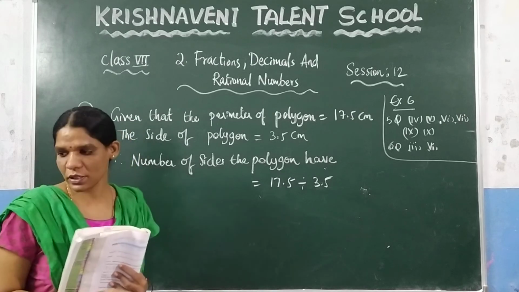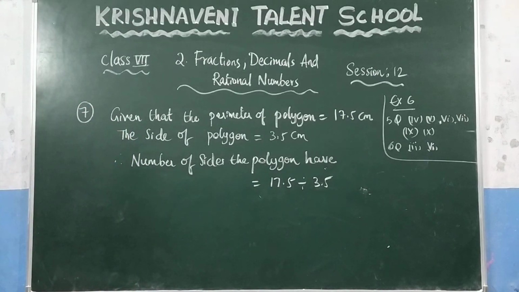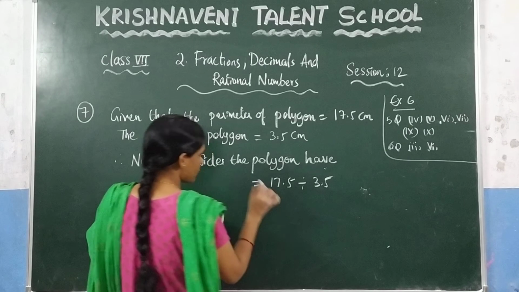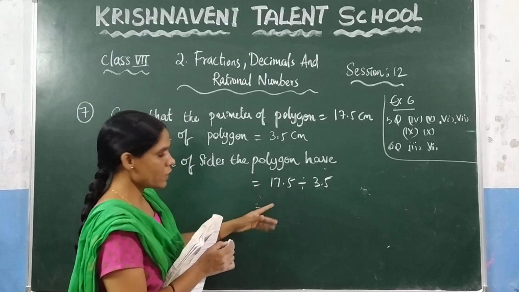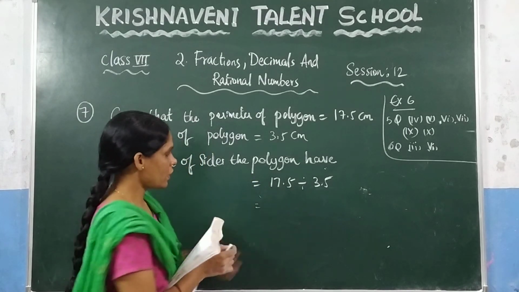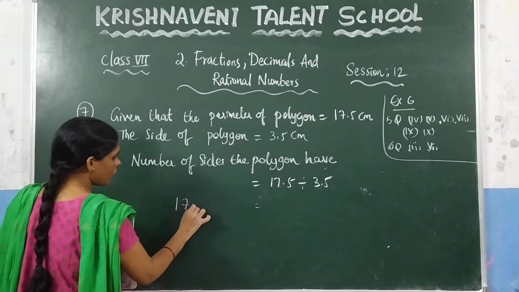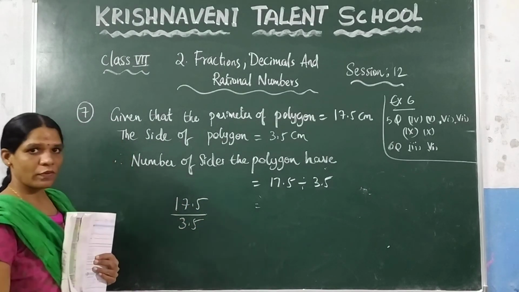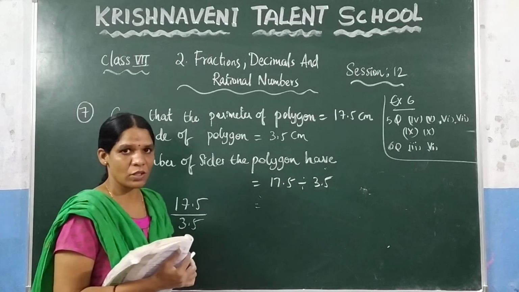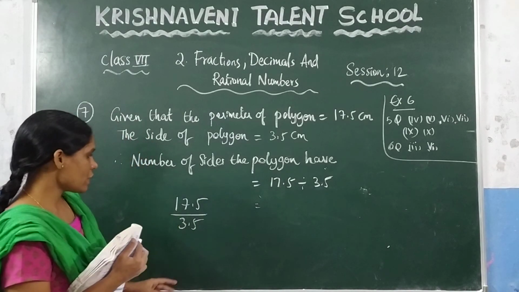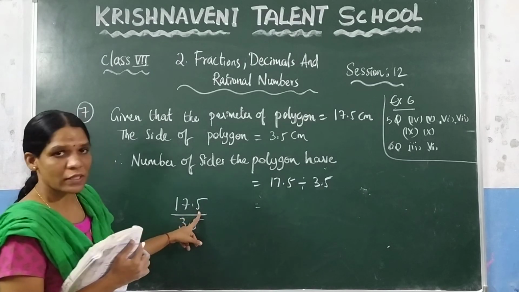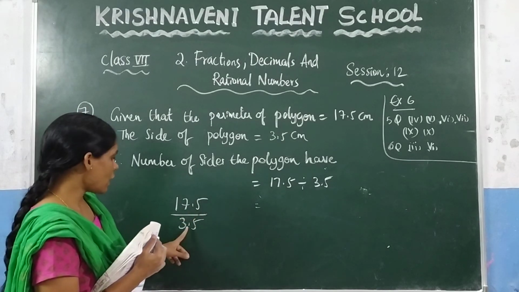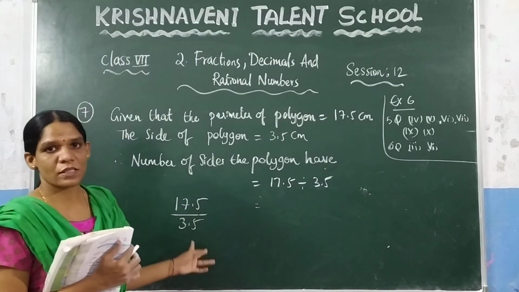Now you need to solve this one. So how do you solve? Here we can do it by many methods. You can observe that after the decimal point one number is there in the numerator, and after the decimal point one number is there in the denominator.